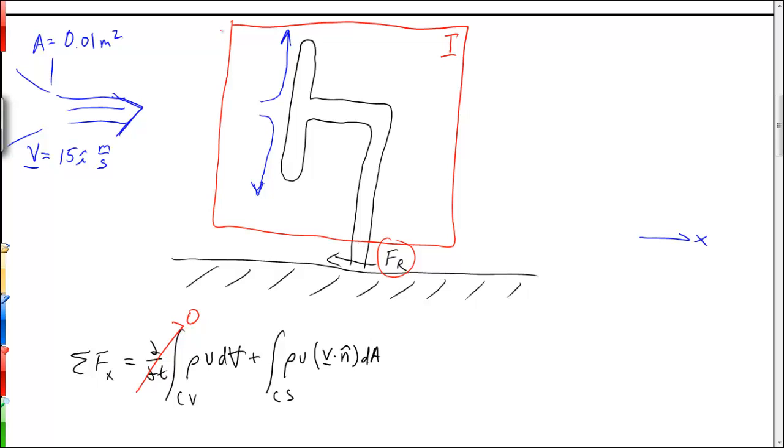But we have all along the left and right borders, atmospheric pressure pushing on our control volume. Even where the water is crossing the control volume, the pressure of the water crossing the control volume is atmospheric.